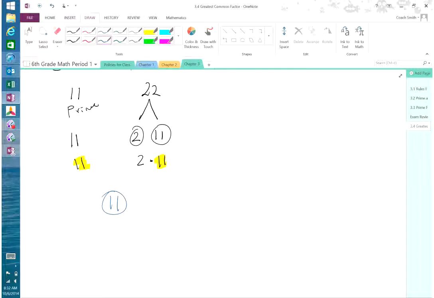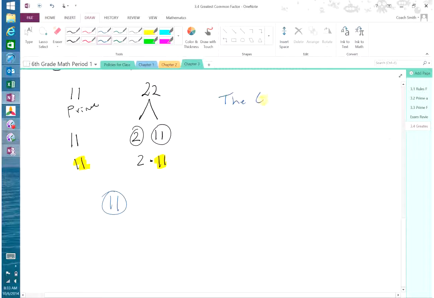Okay? Now, I'm going to write this down, and people, for some reason, don't ever remember this. But it will help you not to make careless mistakes if you will memorize this little statement I'm going to write down. Okay? So you need to write it down in your notes.